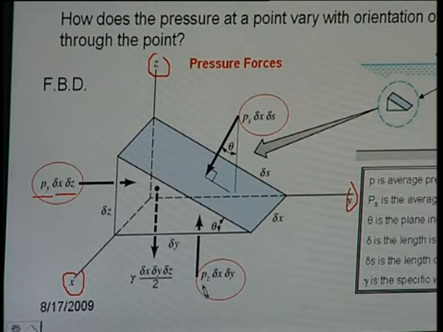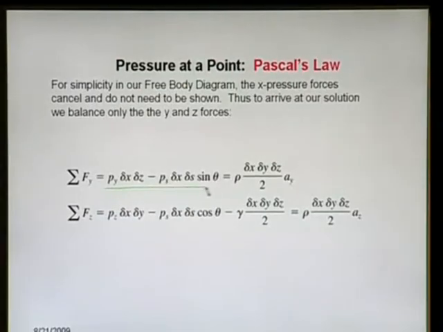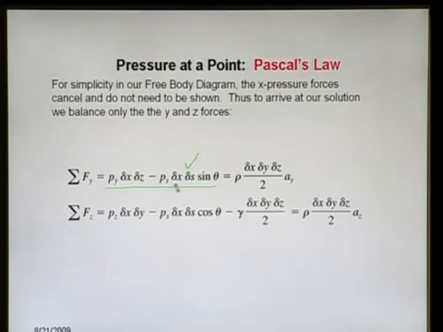It is designated as Pz, multiplied by the corresponding area of the face, this distance multiplied by this distance. Keeping that figure in mind, this is a force in the y direction, and this one is the force acting in the s direction, which has a component in the y direction. With the help of trigonometry we can resolve the forces and find the force in the y direction, and this force is equal to mass into acceleration.